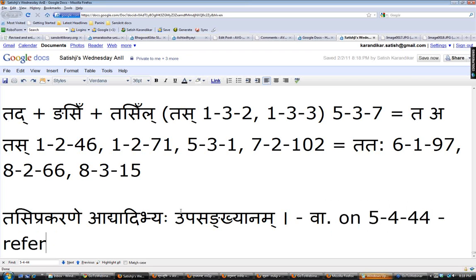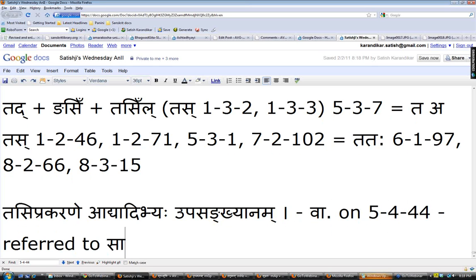So when the commentator, Mallinatha or somebody, says sarva vibhaktikaha, tasi, this tasi can be used after any vibhakti. So that can always be used.